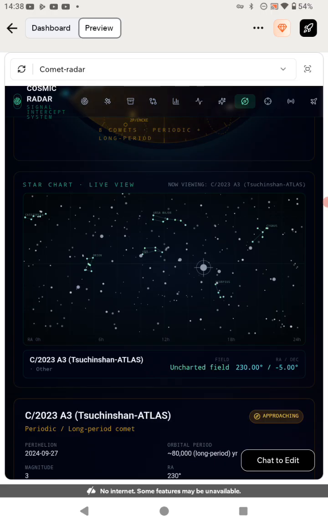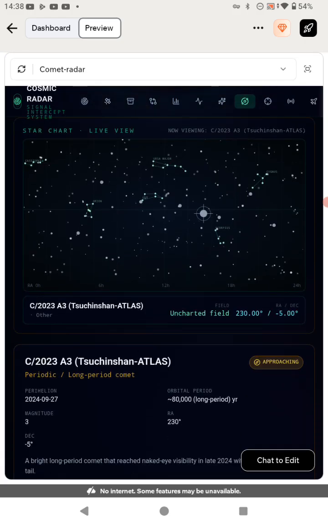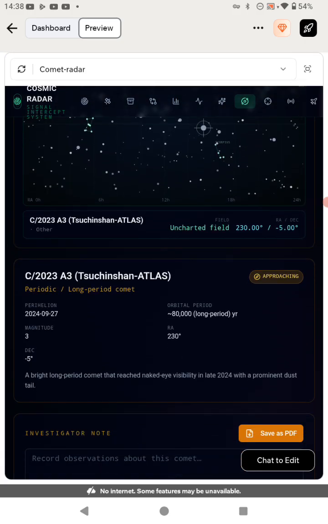Now we got an uncharted field at 230.00 to negative 5.00 degrees. Now, this atlas here is, okay, periodic long period comet. Okay, so what happens if I turn that off? Okay, that doesn't turn off.